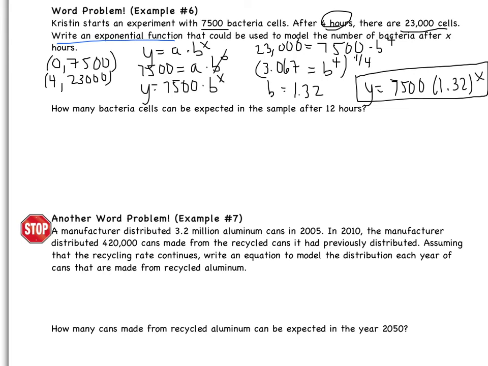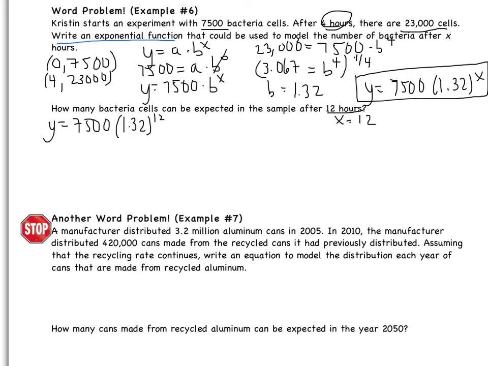So now that we wrote the equation, we're going to use it. It says how many bacteria cells can be expected in the sample after 12 hours. So that 12 hours is telling us that x equals 12. So now I'm going to do y equals 7,500 multiplied by 1.32 to the 12th power.